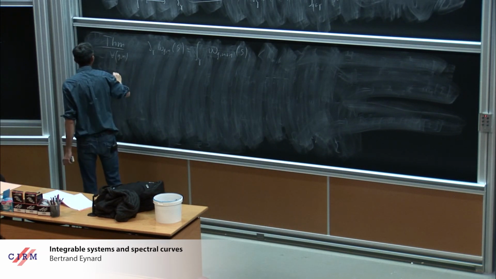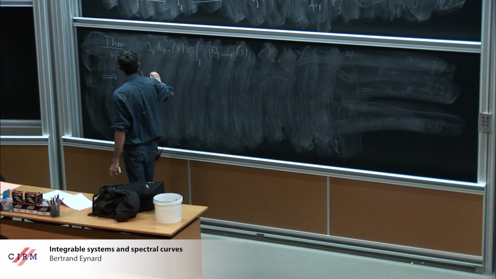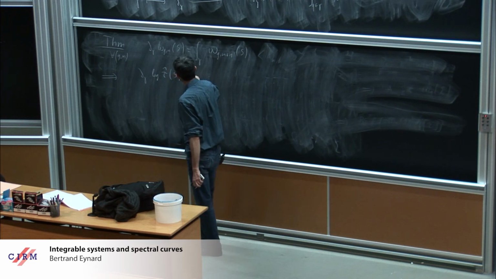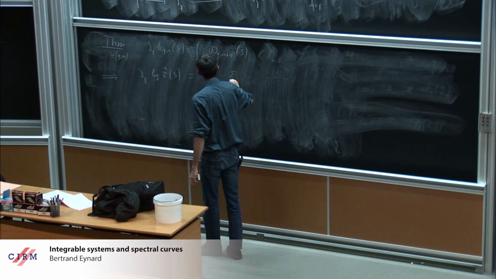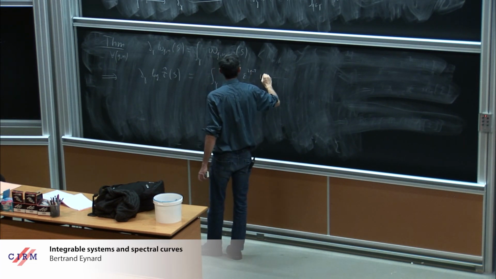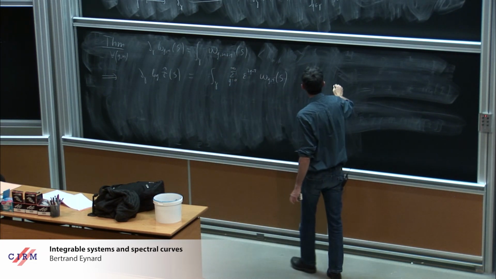So this implies that d gamma log tau hat of S equals the integral over gamma of the sum over g equals 0 to infinity of epsilon 2g minus 1 omega g1 of S.